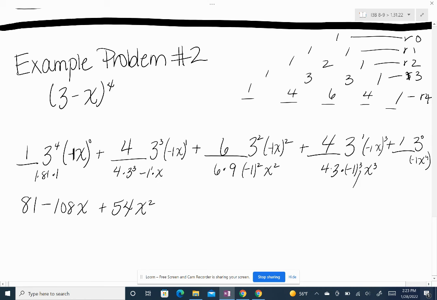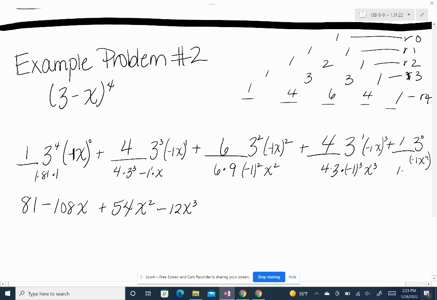If it's an odd number with an exponent, with a negative, it's going to be a negative. If it's an even, it's going to be a positive. 3 is an odd, so it's going to be a negative. Okay, so it's going to be -12x cubed.